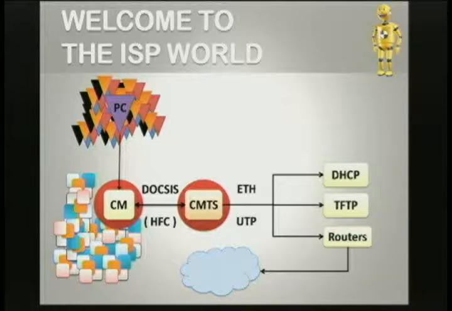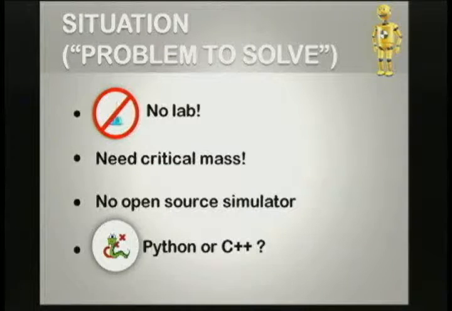So here's the situation I faced a few months ago. So it sounds like I have a trouble. Well, the problem to solve. I have no chance for a lab, not a real lab, because I can't ask anybody to buy me a CMTS of $30,000.